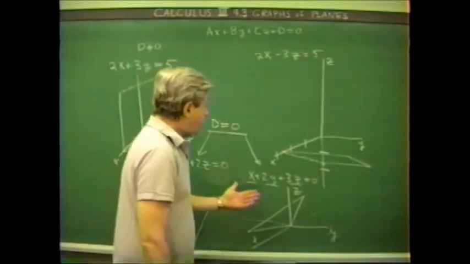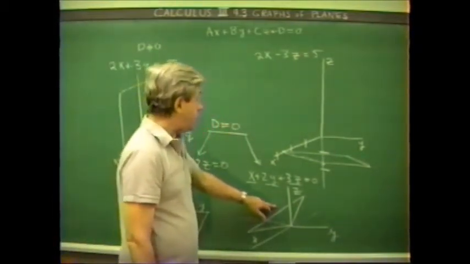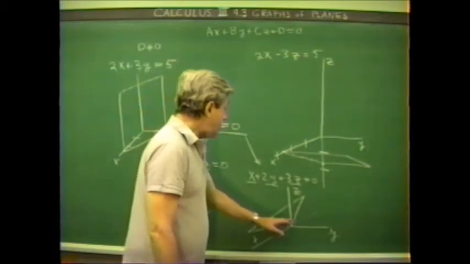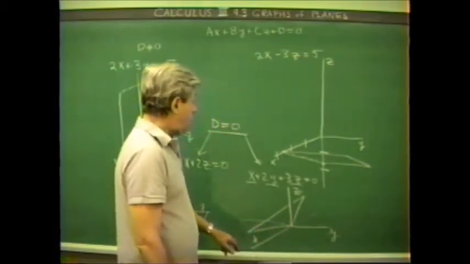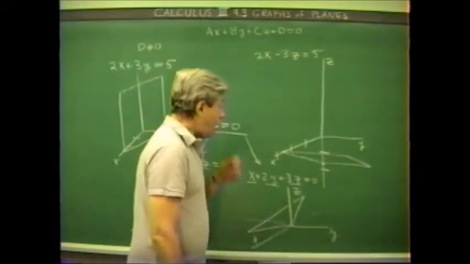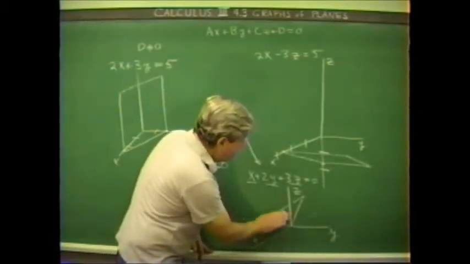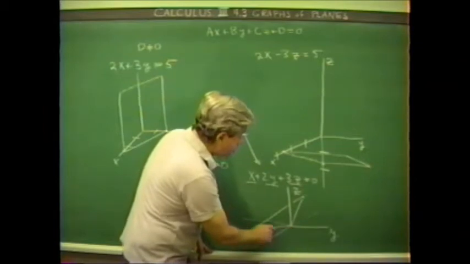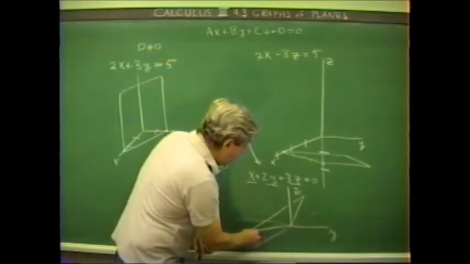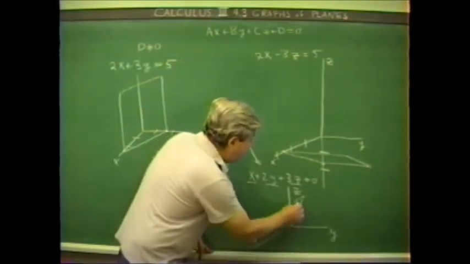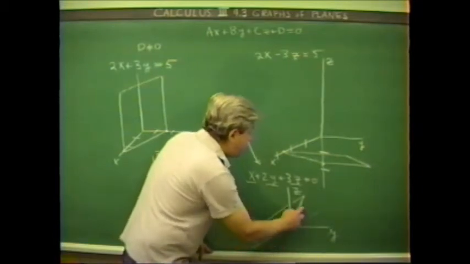Right? This is perhaps the most difficult here, because these two lines are behind the first quadrant. At any rate, this plane goes through the origin, and it goes backwards like this, with this line being in the xy plane, and this line right here being in the xz plane.